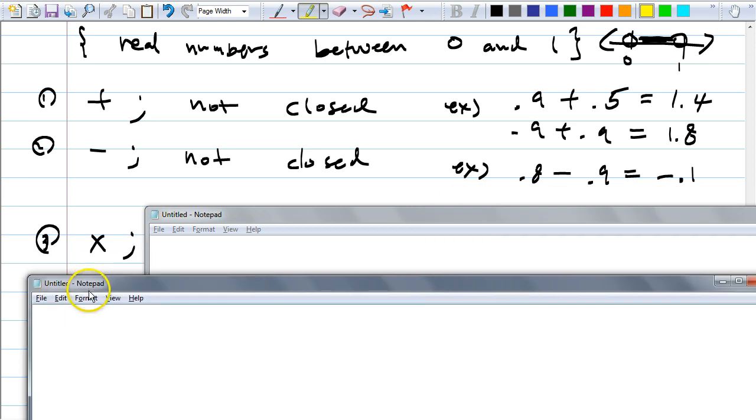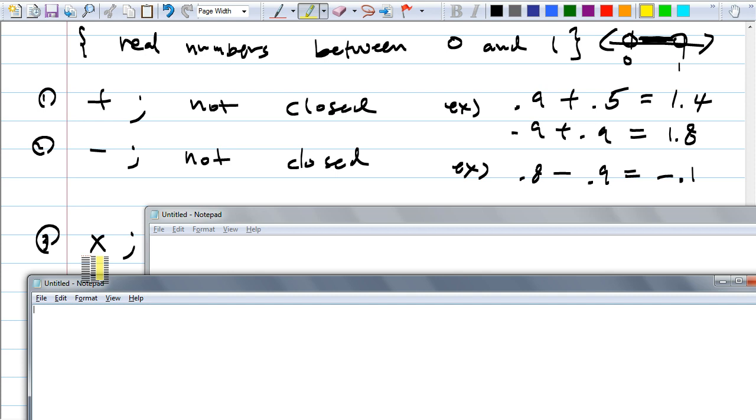For multiplication, by show of hands, Eunice, what do you think? Do you think multiplication will be closed or not closed? This one's sort of tricky. Pick any two numbers in this set. Give me a number from this set.